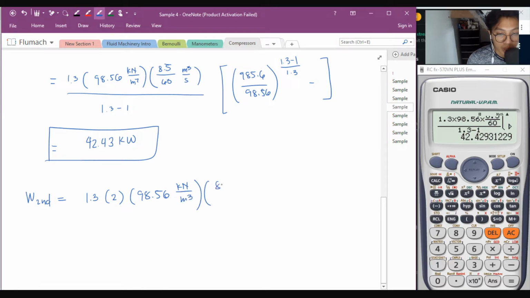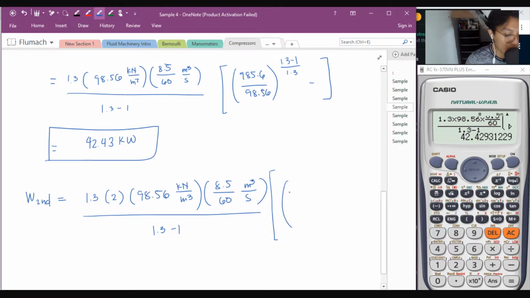Tapos, 8.5 divide by 60 m cube over S divided by 1.3 minus 1. Yung pressure na binigay sa dyan, yung final and initial. So, wala kang Px. That is 985.6 divided by 98.56 raised to N minus 1.3 minus 1 over, multiply mo ng 2 yung 1.3.